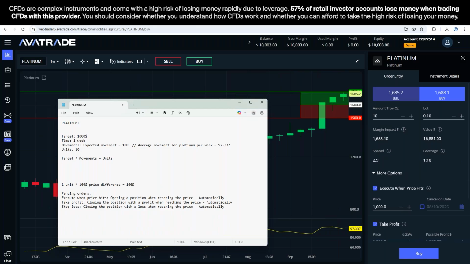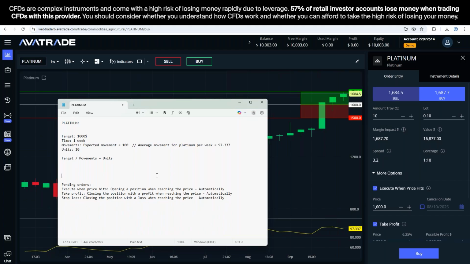I can delete all of that, just keep target, movements and units and use it for my next instrument just as easily, and this will work perfectly.